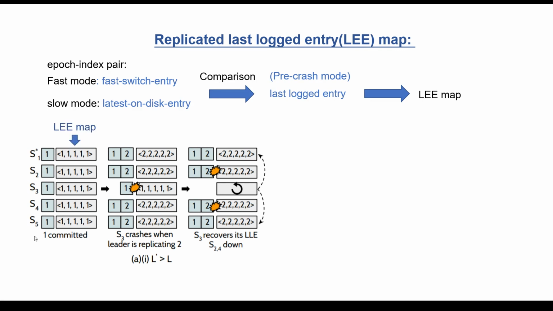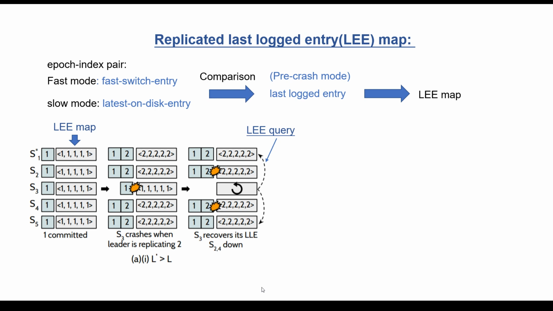With the help of the LE map, we can communicate and interact with other nodes more frequently. When one node recovers from a crash, it will first send an LE query to all other nodes and see which updates are current.